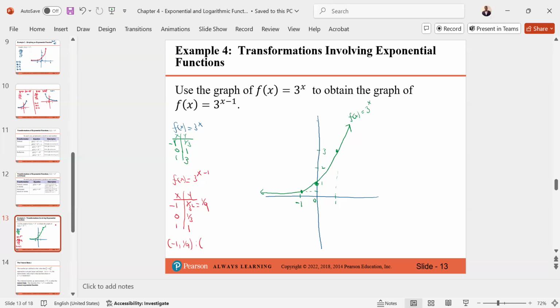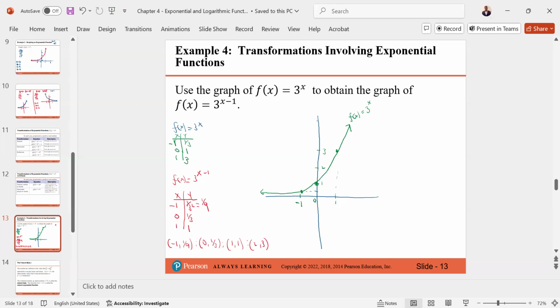We're going to have 0, 1/3, and we're going to have 1, 1. If you want to try another point, you can even put 2. If x is 2, 2 minus 1 is 1, 3 power 1 is 3.